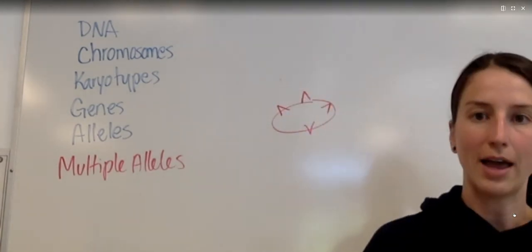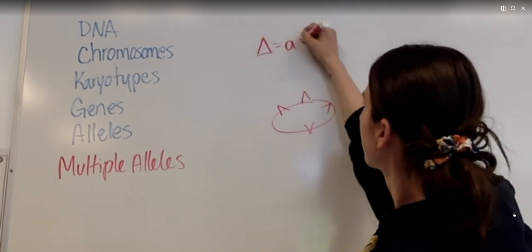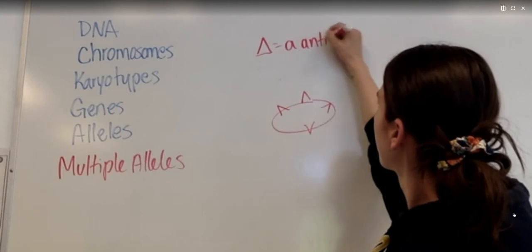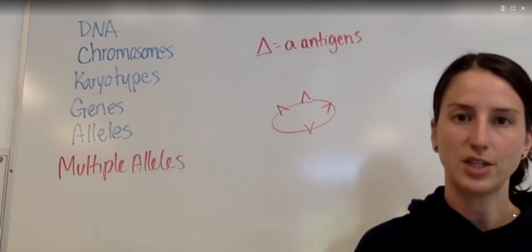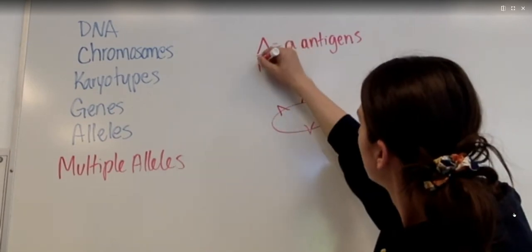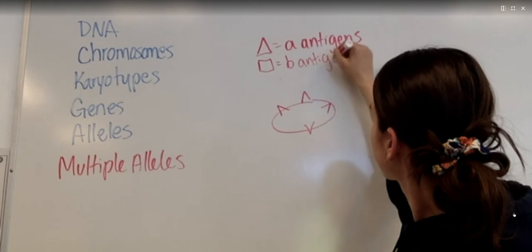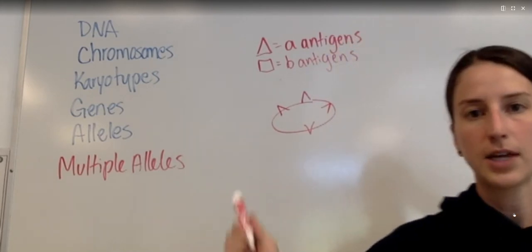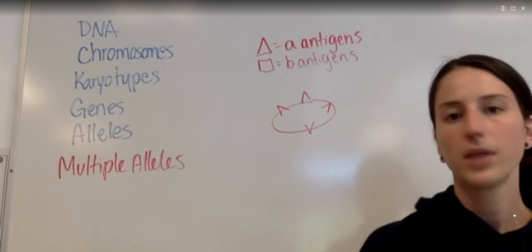I'm going to use triangles to represent A antigens, and then I usually draw the B antigens as little squares. All right, so say you're A-type, you've got these little A antigens on your blood.